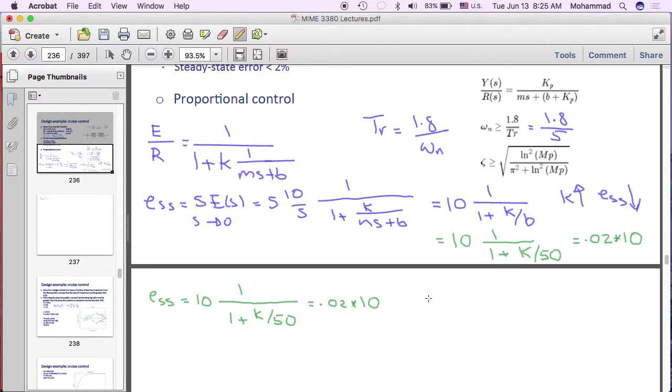So if you simplify this, you can divide both sides of this by 10 and then divide it by 0.02. So what you can get is 1 plus k divided by 50 is equal to 1 over 0.02, which is 50.